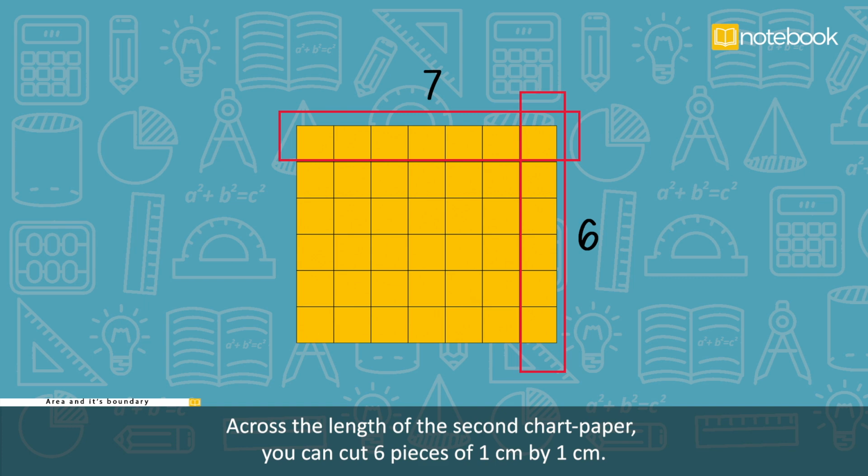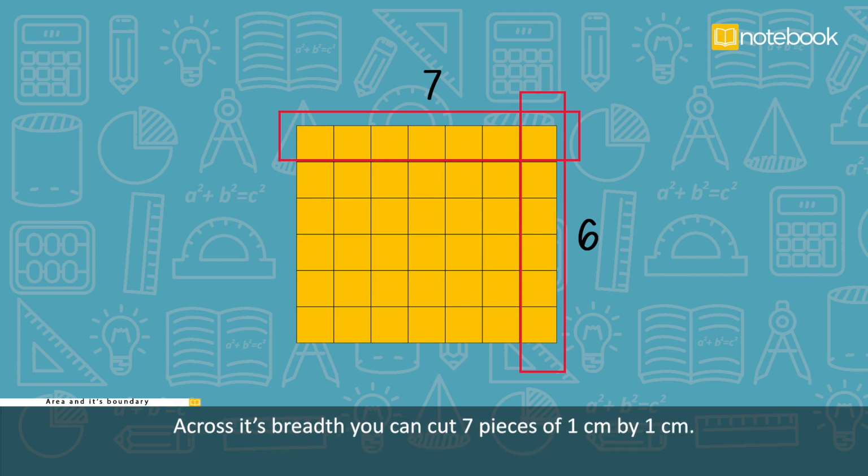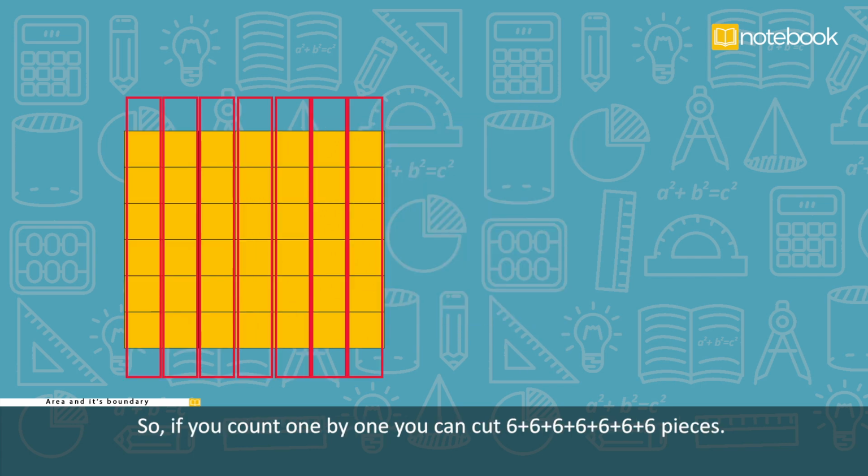Across the length of the second chart paper, you can cut 6 pieces of 1 centimeter by 1 centimeter. Across its breadth, you can cut 7 pieces of 1 centimeter by 1 centimeter. So, if you count one by one, you can cut 6 plus 6 plus 6 plus 6 plus 6 plus 6 plus 6 pieces.